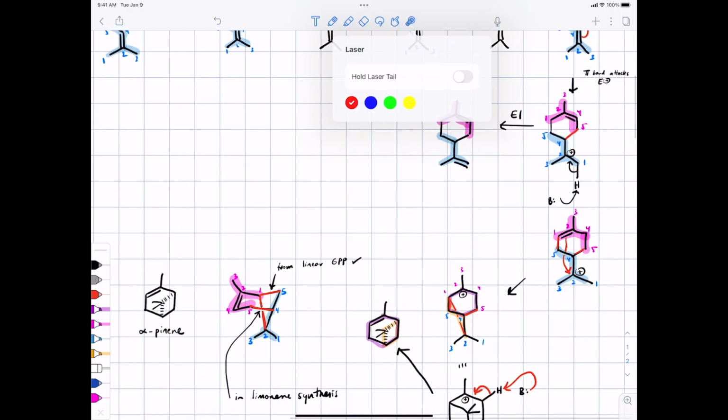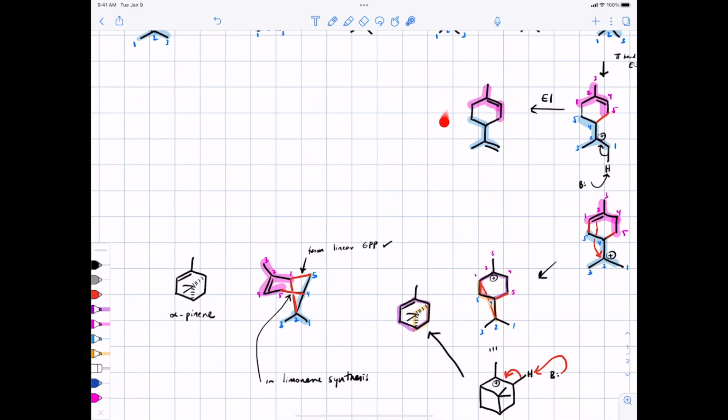Before I do that, let me just point out that this carbocation is a precursor to many different molecules. We've just shown two, limonene and alpha pinene.